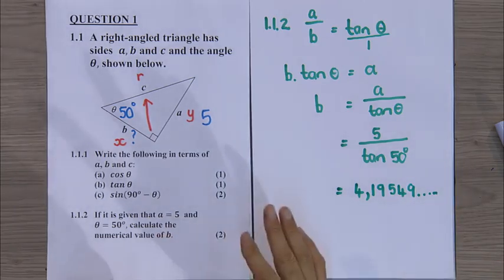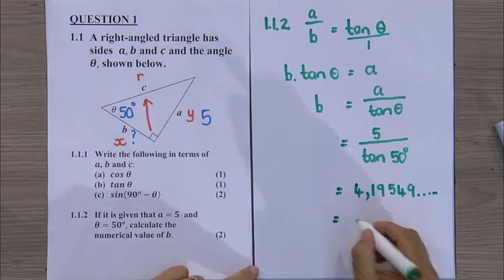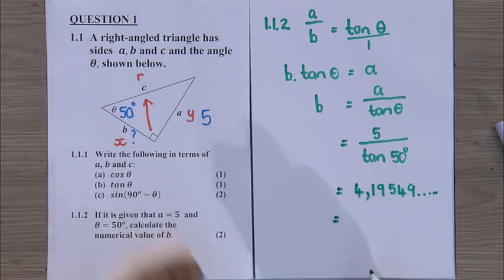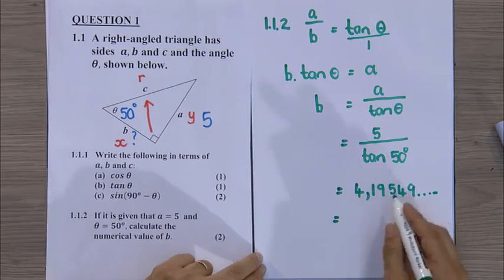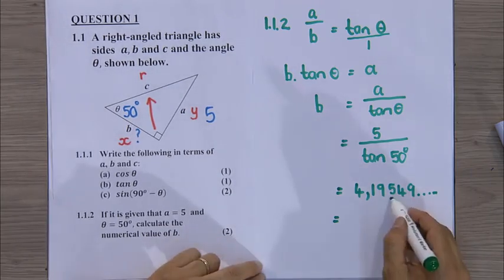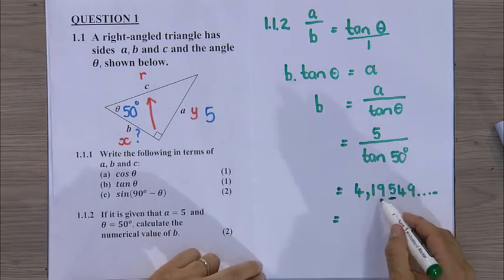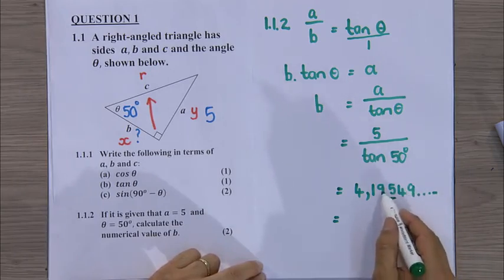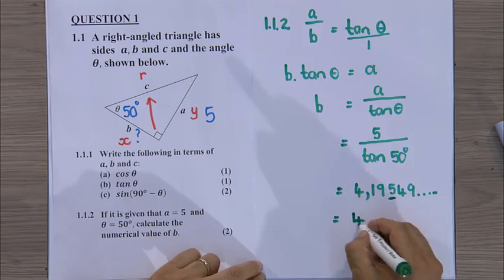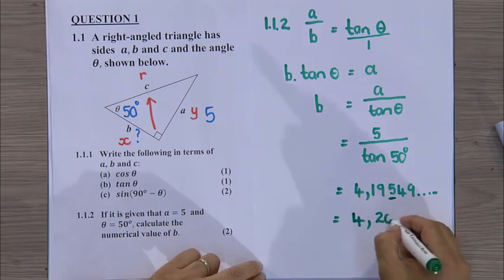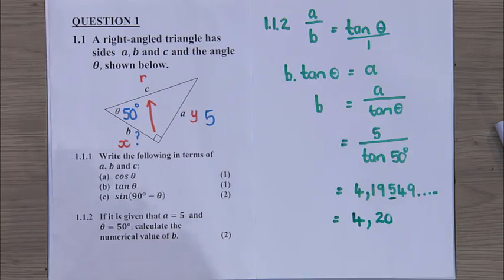If not, then it's always safe to go for two decimal places. That is the most common instruction. So if it's 2, you always look at your third digit. If it's 5 and more, then you have to add 1 to 19. So if I add 1 to 19, it becomes 4,20. You with me?